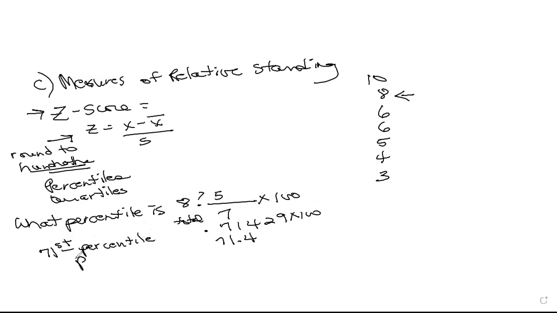Now, you can write a P and put a subscript of 71, but don't put 71%. They didn't ask you to change it to a percent. They asked you to change it to a percentile. And that matches what I thought, around 70%. So sometimes I'll give you the number and I'll want the percentile.